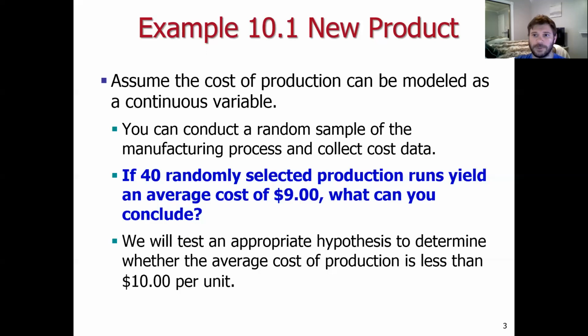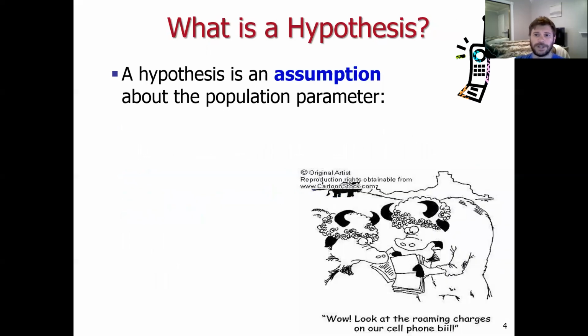We're going to talk a little bit about a few important ideas related to hypothesis testing. And the first one is that a hypothesis itself is an assumption about the population parameter, and it need not be a true assumption, which is why we are testing it. We're going to consider in this course specifically testing the population mean mu, but in your book and your readings, you might also see examples where they test the population proportion.